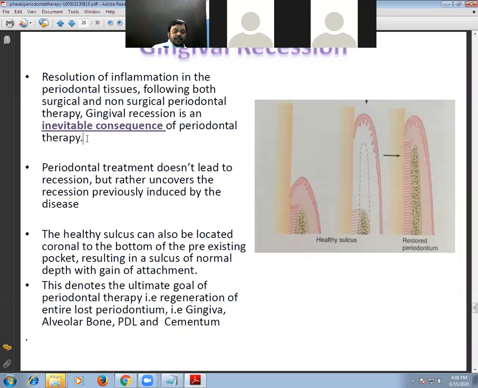Here, in case of one wall defects, there are less chances of regeneration. So in those cases, we are doing resective therapy. Resective therapy is carried out to eliminate your periodontal pockets, because only one wall is present, rest all walls are missing. So in those cases, there are less chances of regeneration.